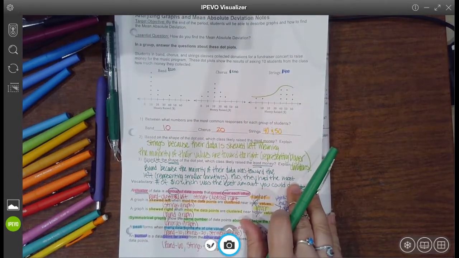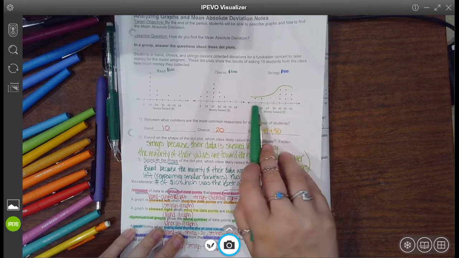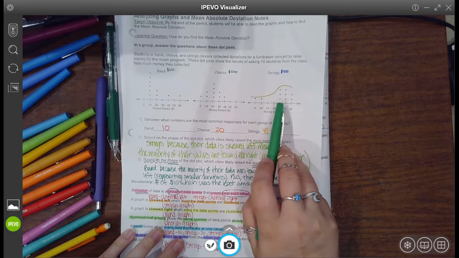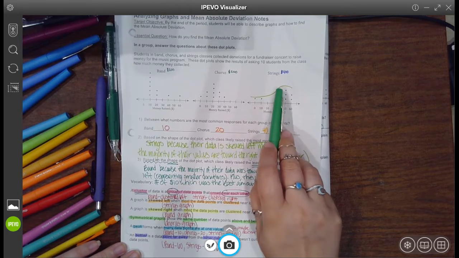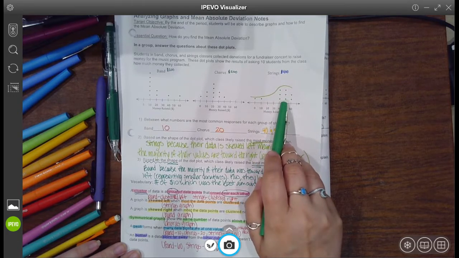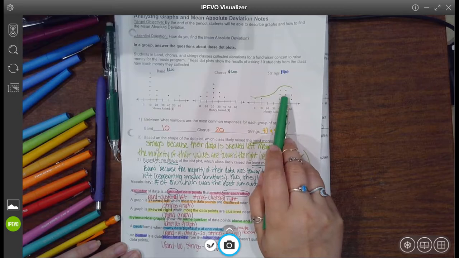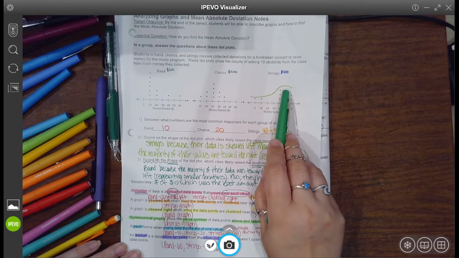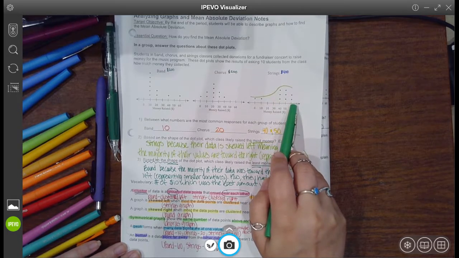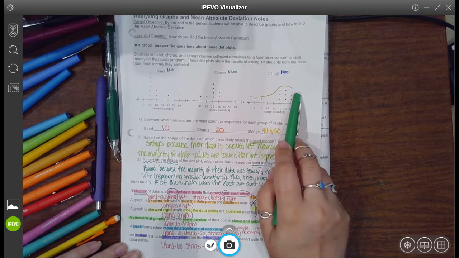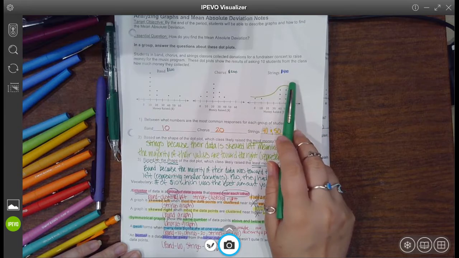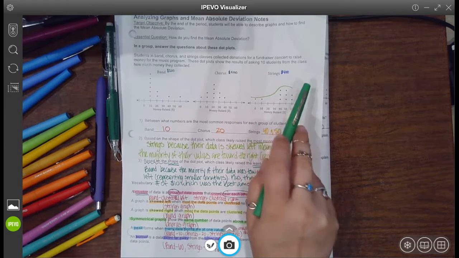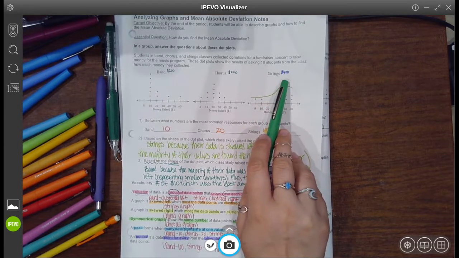And then for strings, 0, 10, 50, 90, 130, 180, 230, 280, 340, 400. Okay, because I just added what each dot was representing to get the total. And so if you were to add them all, you could see, oh yeah, strings donated the most.